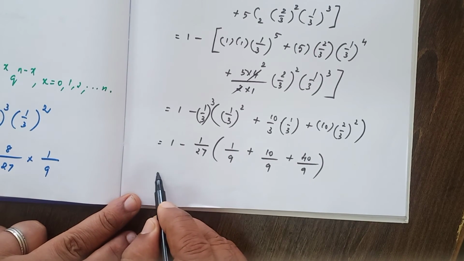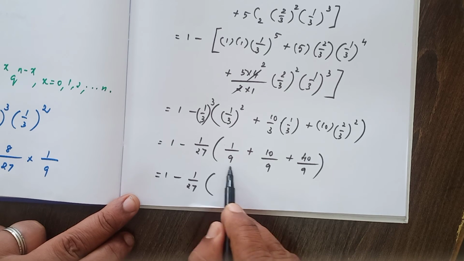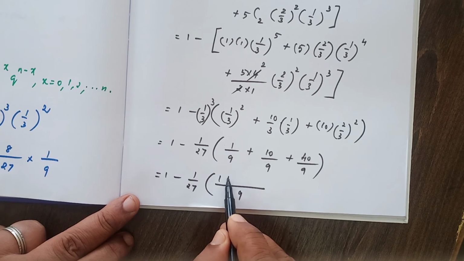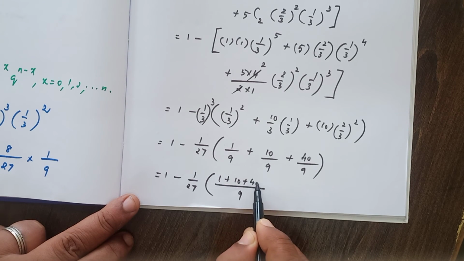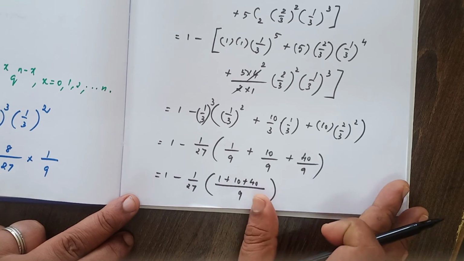That is equal to 1 minus 1 by 27. Look at the denominators, all same only, so that's a common denominator 9. Then add the numerators, 1 plus 10 plus 40. If you add, you will be getting 51, 51 by 9, 1 by 27 into 51 by 9.